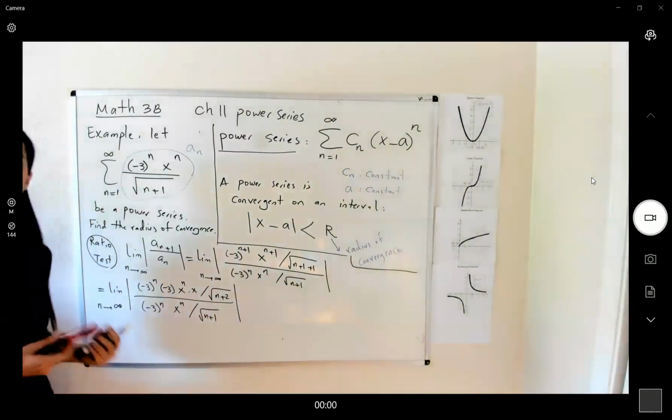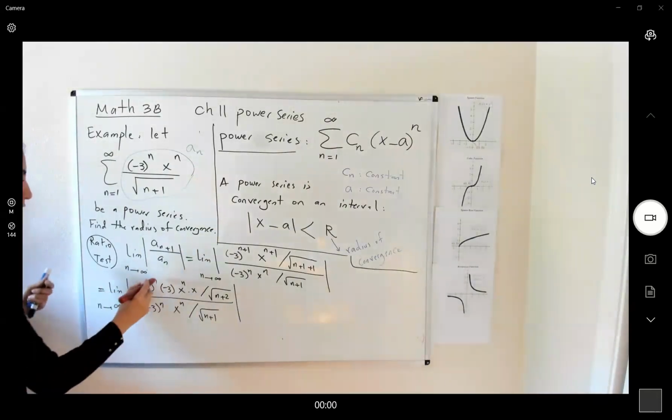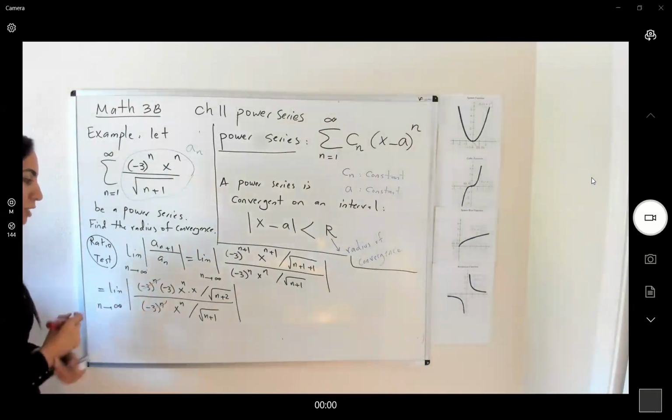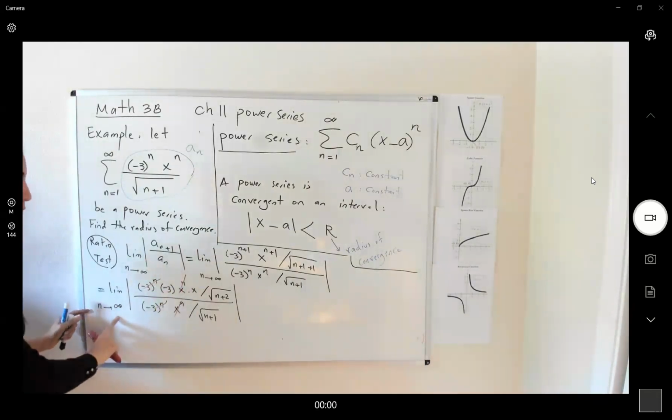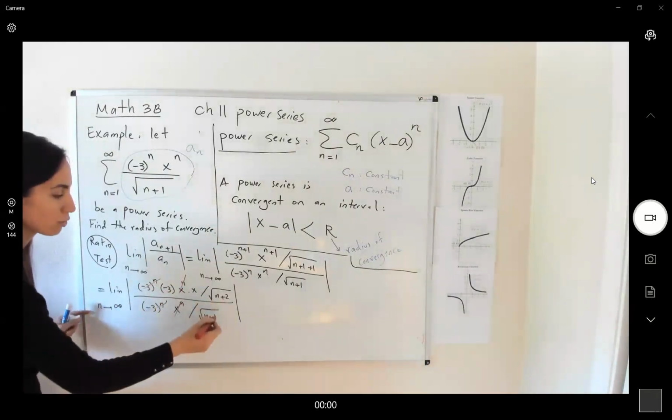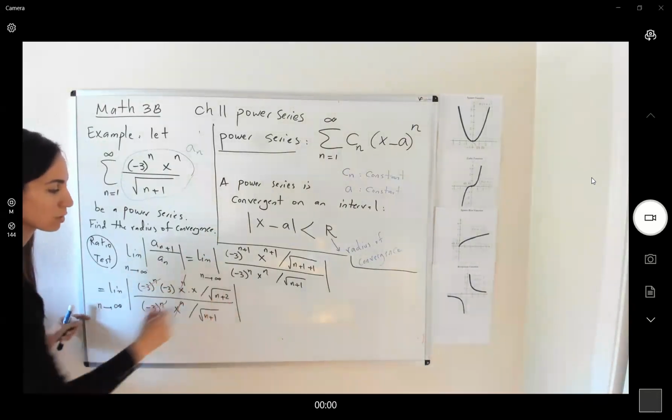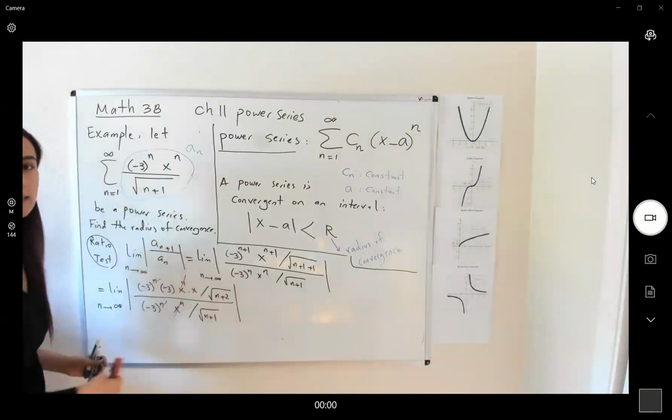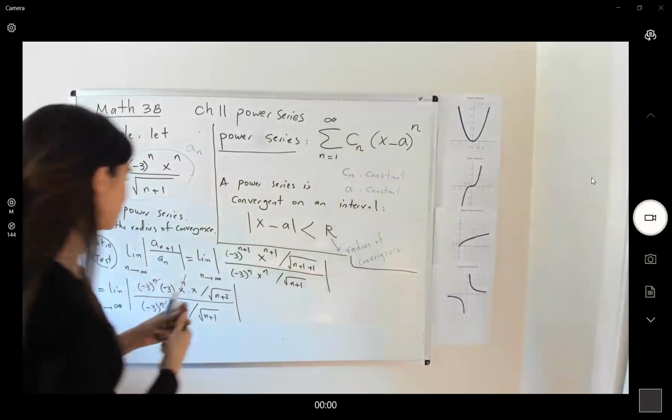So let's get rid of common terms: -3 to the n, -3 to the n, x to the n, x to the n. And while n goes to infinity, square root of n plus 1 divided by square root of n plus 2 cancel out. The limit is equal to 1.